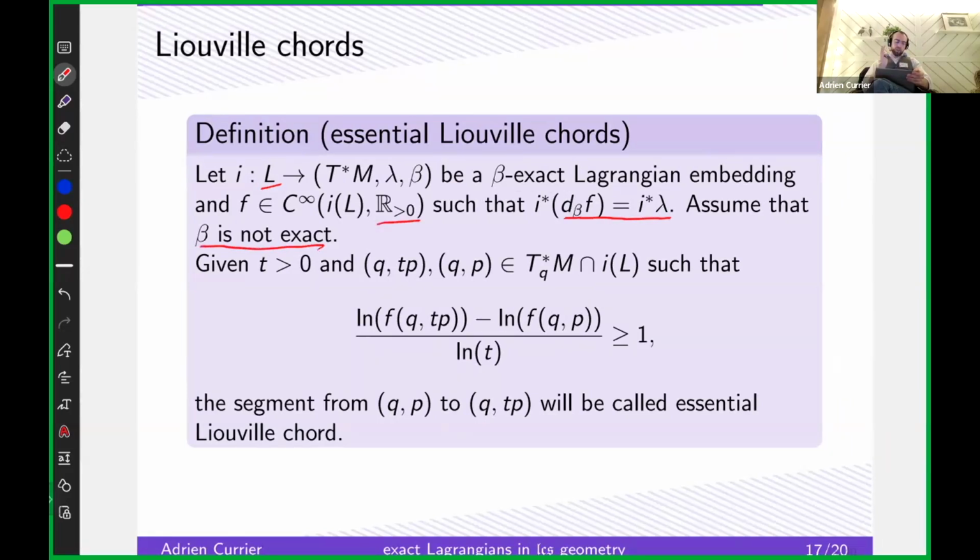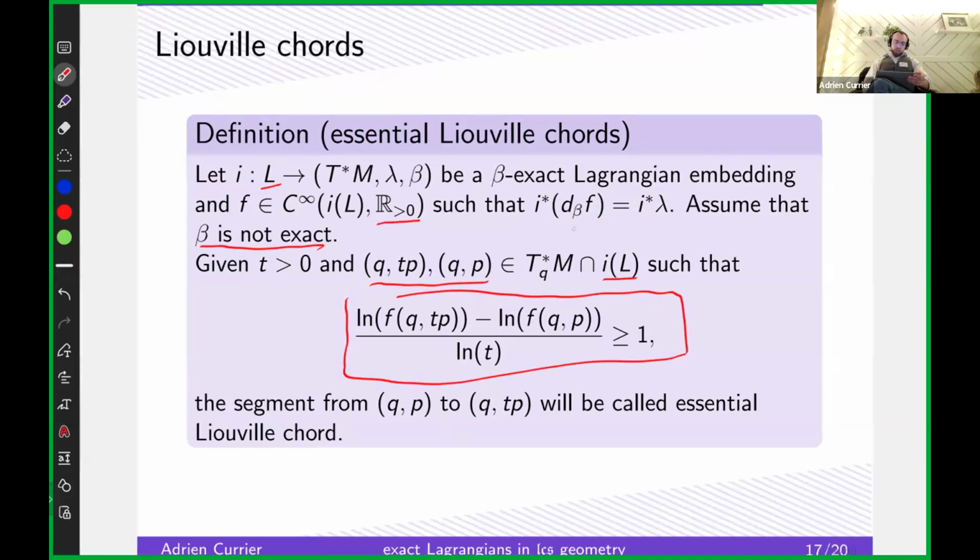So with our technical assumptions, take 2 points in the Lagrangian that lie on the same orbit of the Liouville vector field, and such that this inequality is verified. Then the segment between those 2 points is going to be called an essential U-virtual. Now you ask, wait a minute.